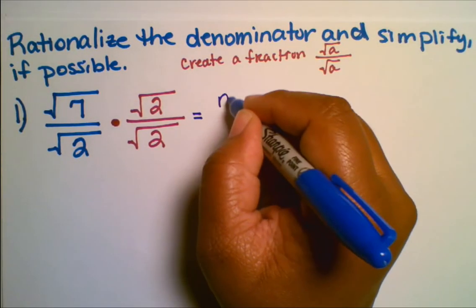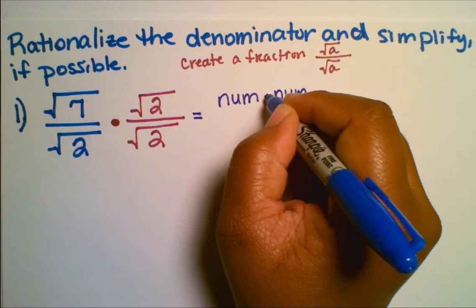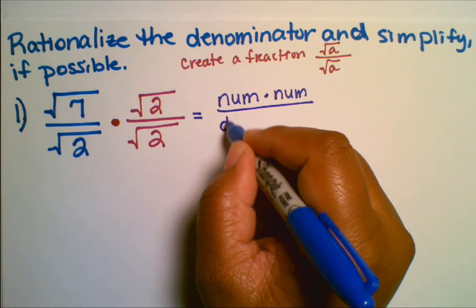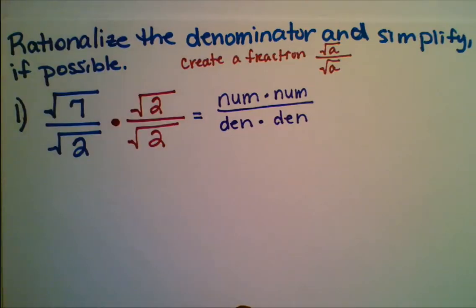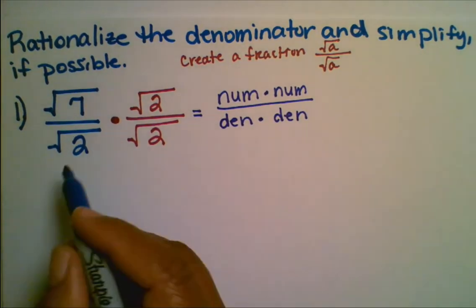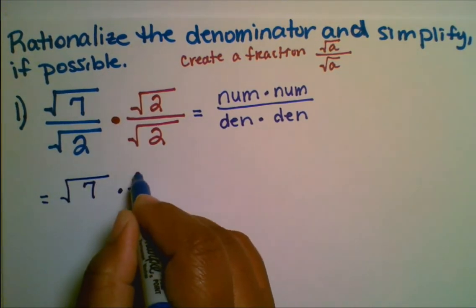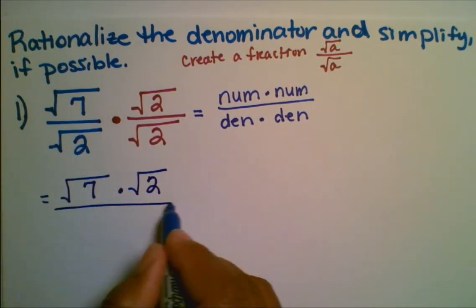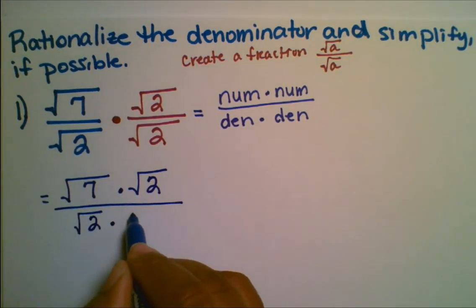A numerator times the numerator over the denominator times the denominator. Okay, so we have here the square root of 7 times the square root of 2 all over the square root of 2 times the square root of 2.